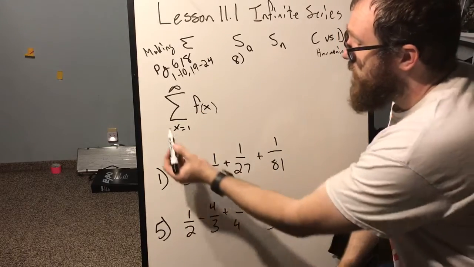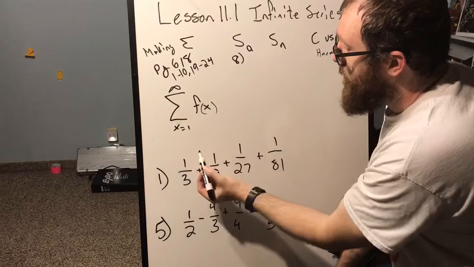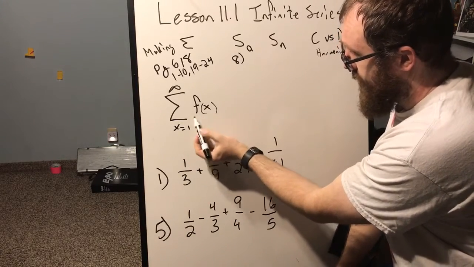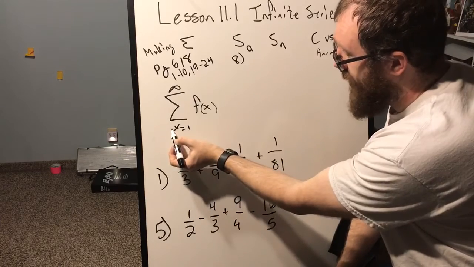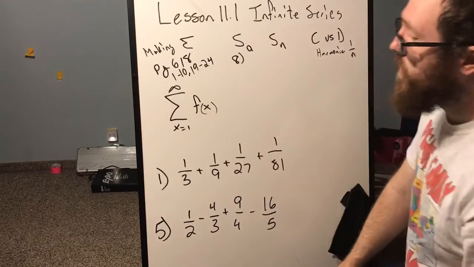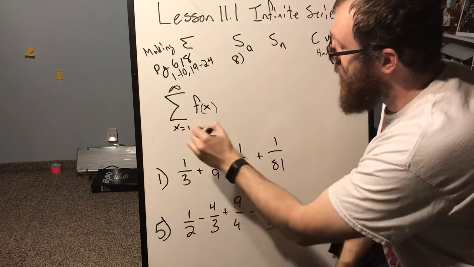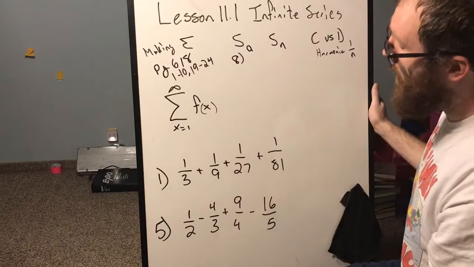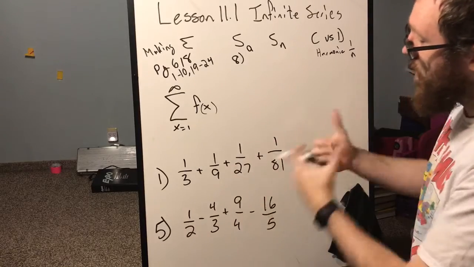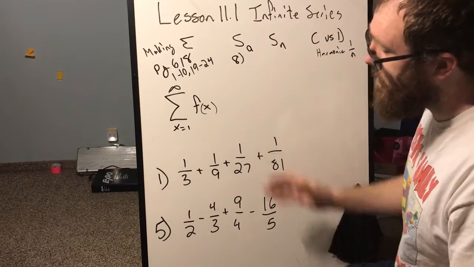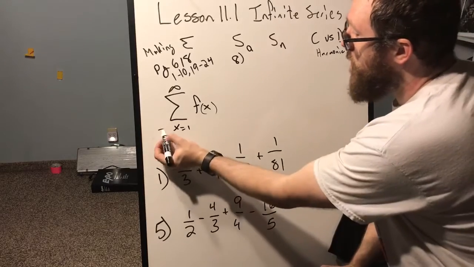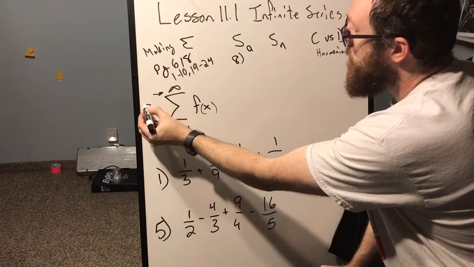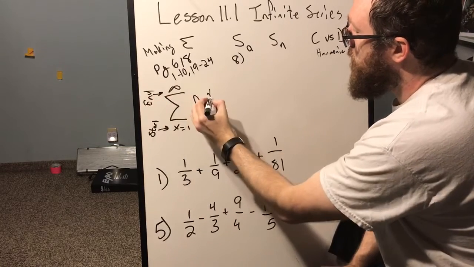So sigma notation simply says the series of all values in this function from 1 all the way to infinity. So basically you're going to put all the numbers into this function, whatever this function might be, from 1 to infinity, and then you'll add them all up, and you're going to get the series here. So this is our start, that's our end, and this is our equation.